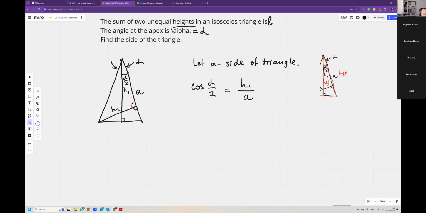Now, this angle is 90 degrees. This angle is alpha. That means that this angle is 90 minus alpha.